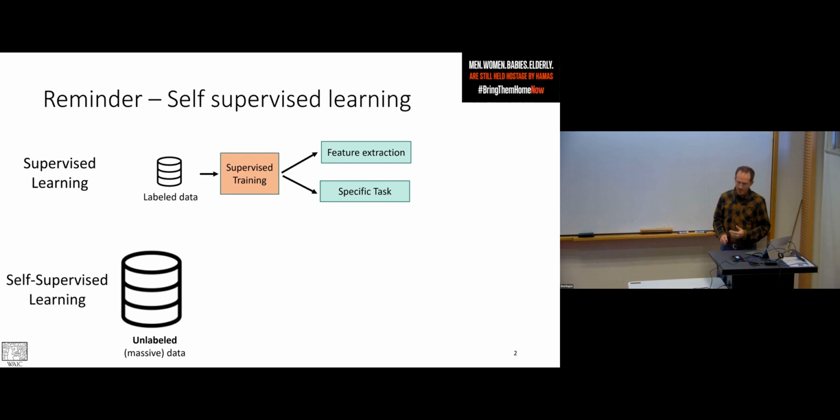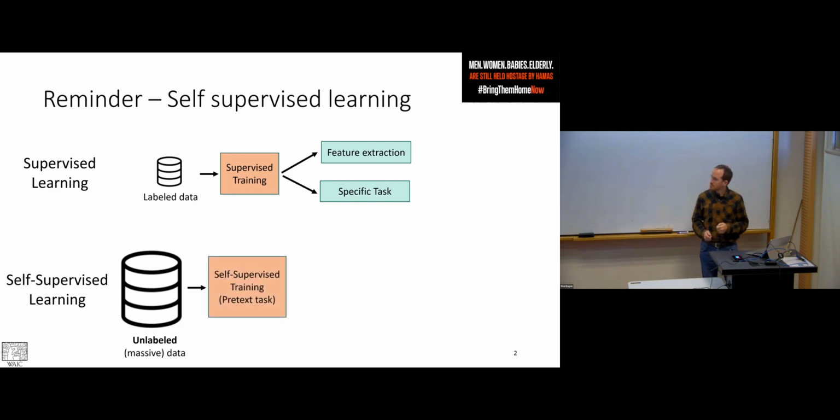However, in self-supervised learning, we have unlabeled data, and usually we have much more of this because it's usually easier to come by the raw data without any labels. Then we have some self-supervised training, some pretext tasks. These are the kind of colorization or completion that Tali talked about last time.